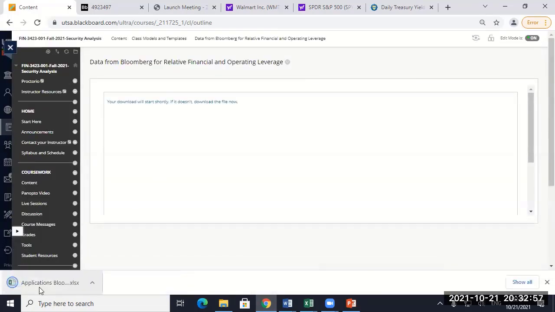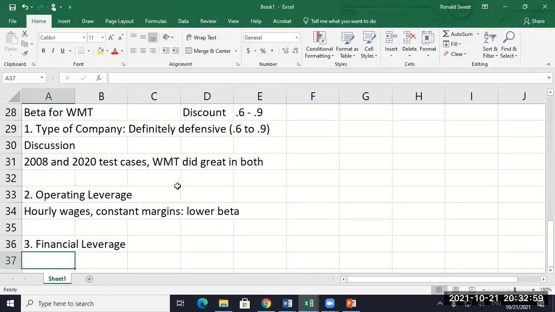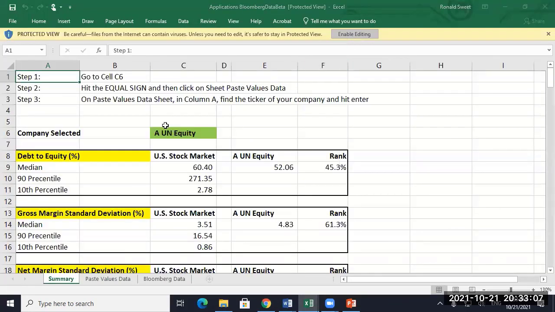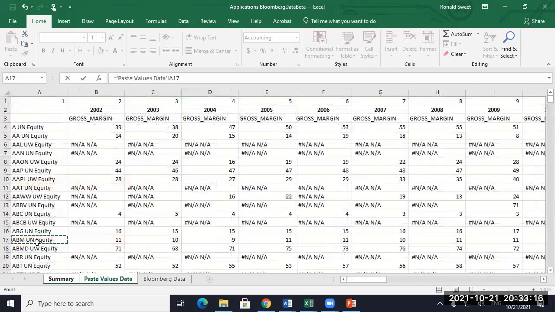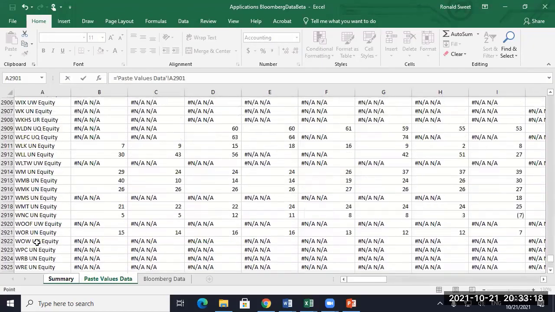So I'm going to open this file. I updated it, I think in August, so I've got as current data as I can get. So let me do this for Walmart. All you do, and the directions are up here, you just do equal and go to paste values and you just find your stock.